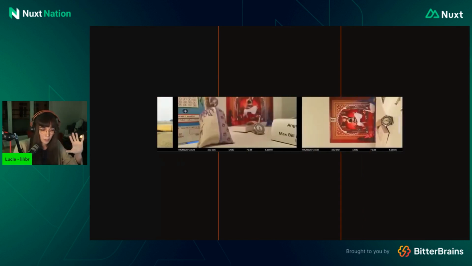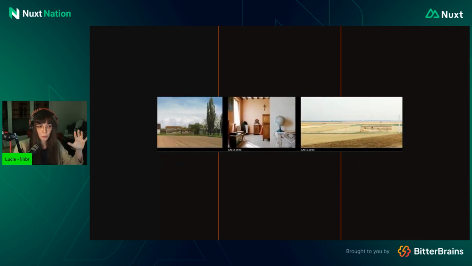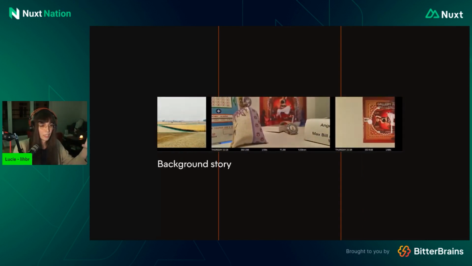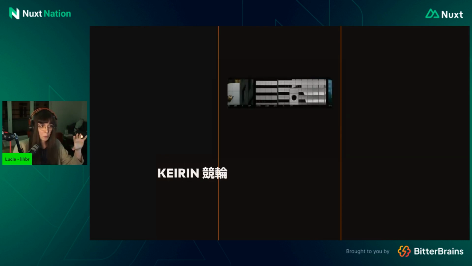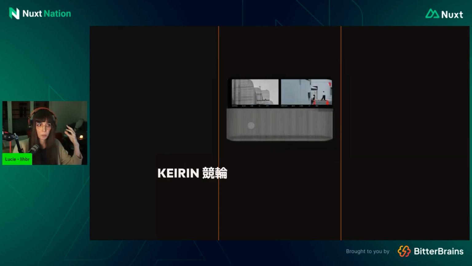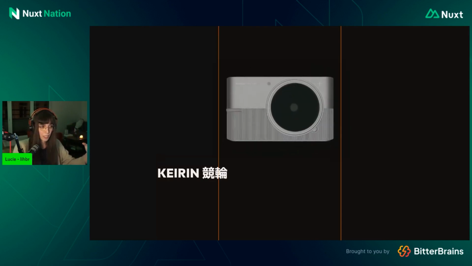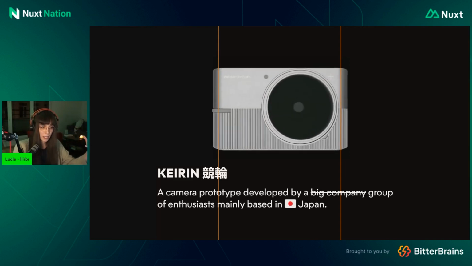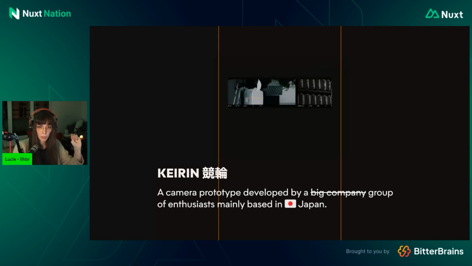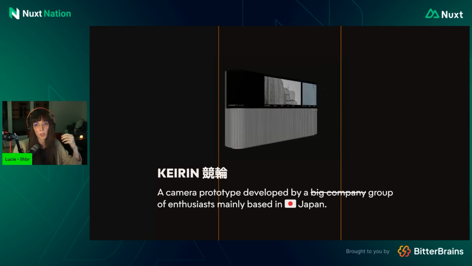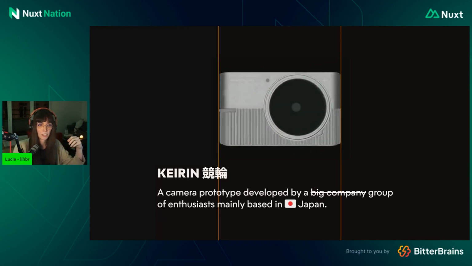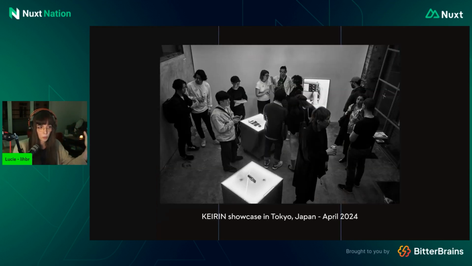Let's get back to my camera app and to some necessary background story. So I made this app to experiment with the UI of a real camera prototype that is developed not by a big company, but by a small group of enthusiasts based in Japan. The project is called Keirin, and earlier this year, they held an event in Tokyo to showcase their work and their prototype.